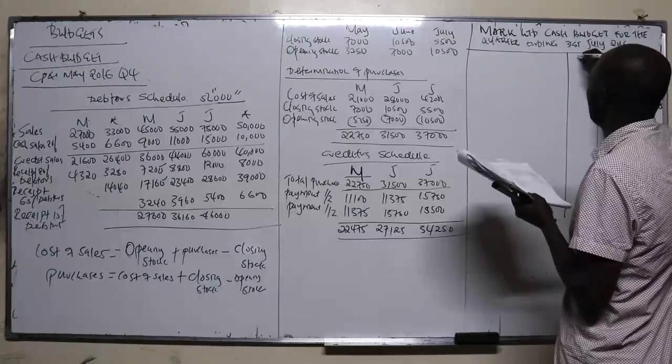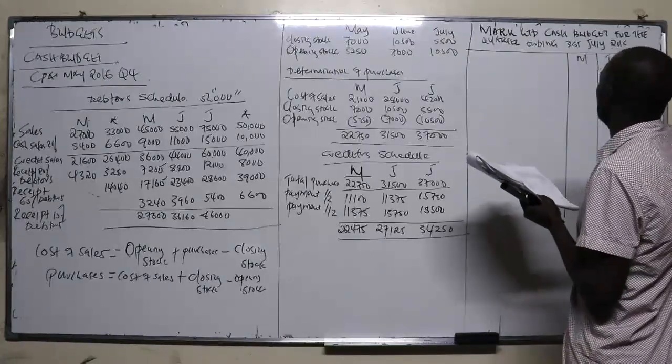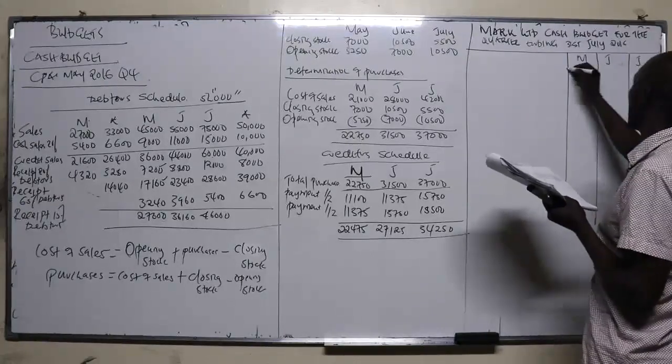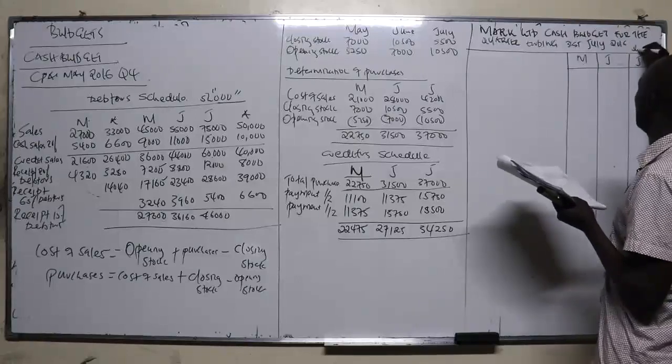So here we have May, June, July. These are shillings in thousands. You can just indicate somewhere here: shillings in thousands.